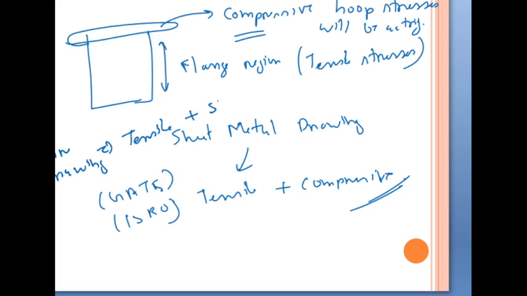So tensile plus shear stresses will always be there, but if the shear stress is not mentioned in the question, then only write tensile stress. Wire drawing operation, tensile stress. Sheet metal drawing operation, tensile plus compressive, both. And in case of forging operation, compressive stresses will be acting.